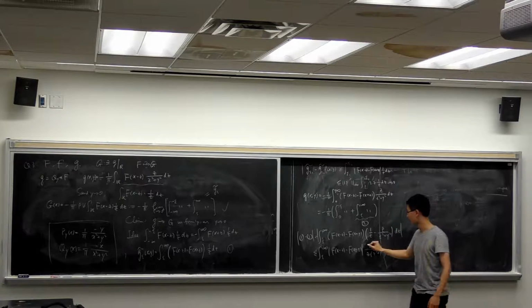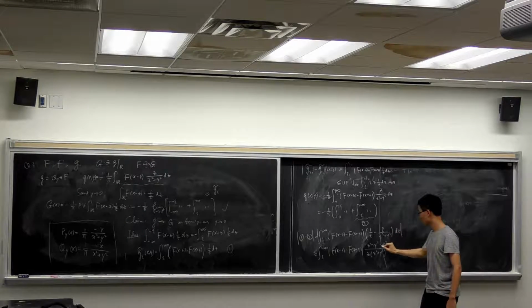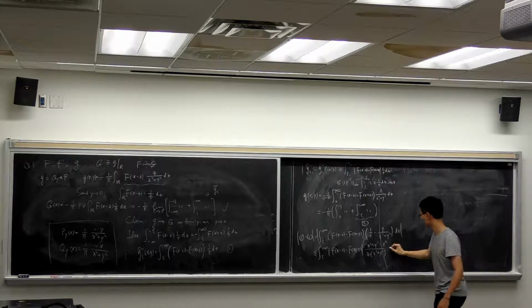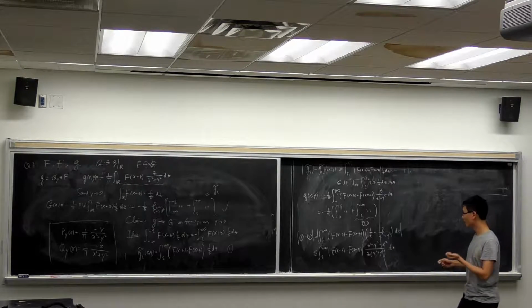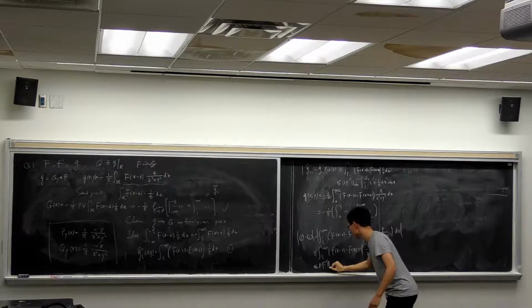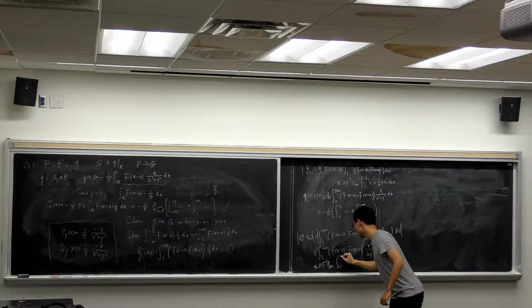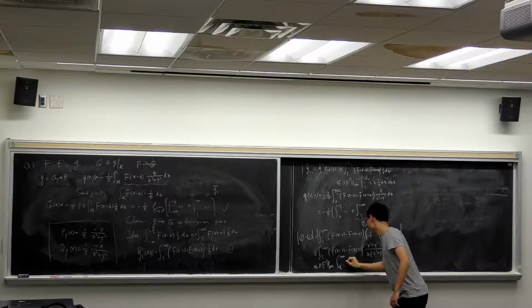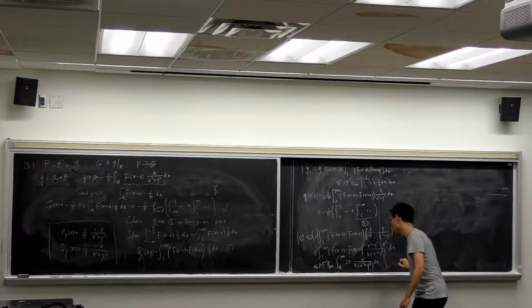Then on the top, it's z squared plus y squared minus z squared, so it's y squared, then dz here. Then I again use the mean value theorem. I have the L infinity norm of the derivative. What's inside is 2z times y squared over z times z squared plus y squared, dz.